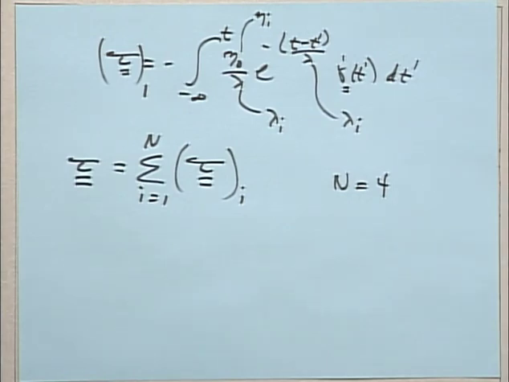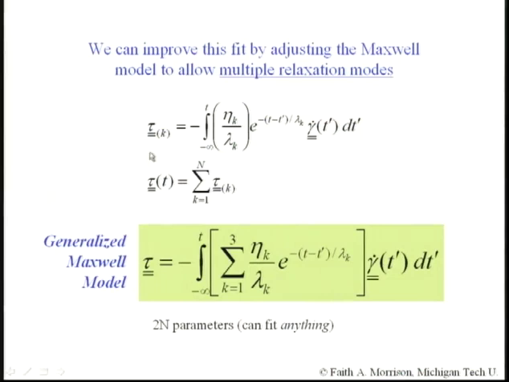And that's summarized on this slide. I use sub k in this case. Let me write the stress as a linear combination of a whole bunch of stress contributions at different relaxation times and different G's. We can plug this tau sub k in here, change the order of the integration and the summation, and I get a new model which is called the Generalized Maxwell Model.